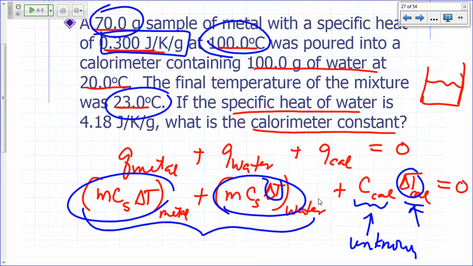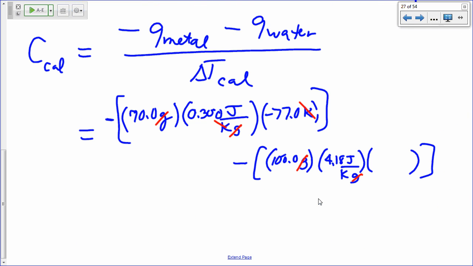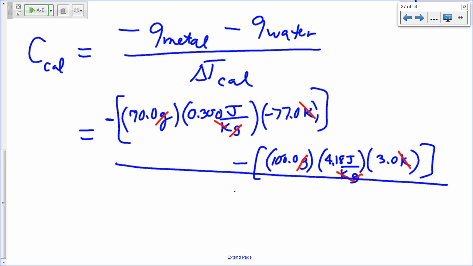How much did the water change? From 20 to 23 degrees Celsius. So that's 3.0, right? So 3.0 Kelvin, that cancels out. And then you divide the whole thing by delta T cal, which is what? What's delta T cal? The same as delta T for the water, so divided by 3.0 Kelvin.